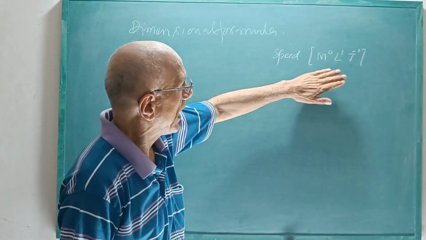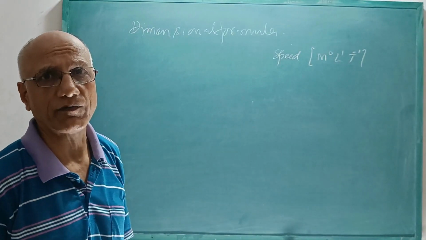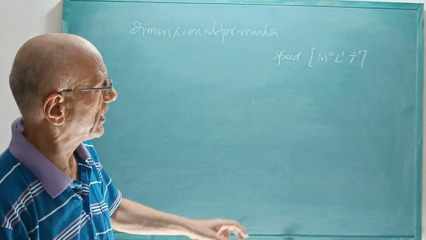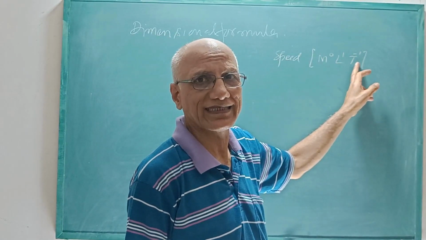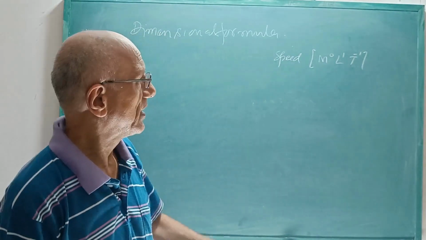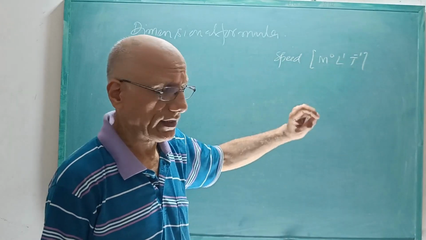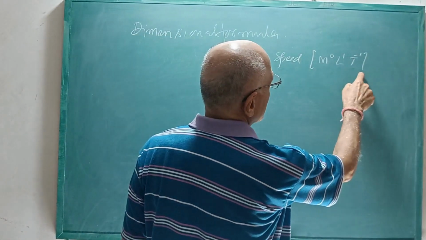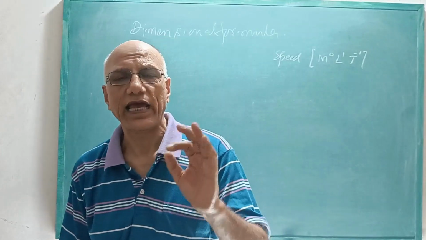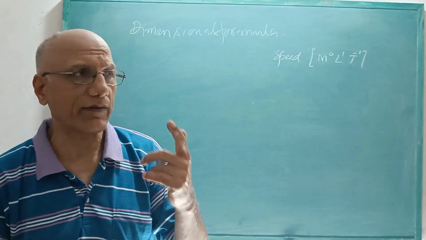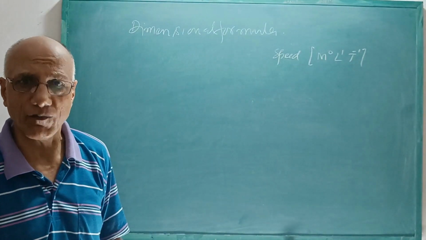And whether they are being multiplied or divided, this information is also obtained from the dimensional formula. Since the power of length is plus 1 and the power of time is minus 1, the length is being divided by the time. So to express the speed, we need length once, time once, and the length is to be divided by time. All this information is obtained from the dimensional formula.